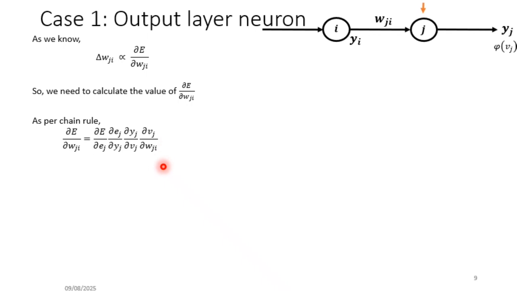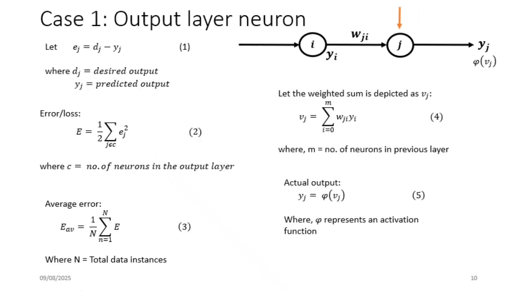If we go to the previous equations, you can see that E is dependent on Ej, Ej on Yj, Yj on Vj, and Vj again on Wji.